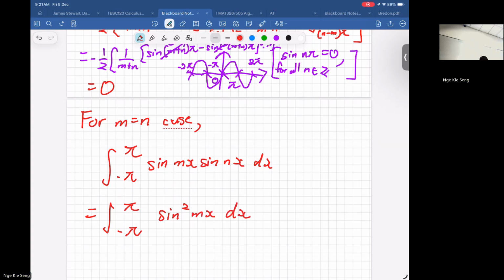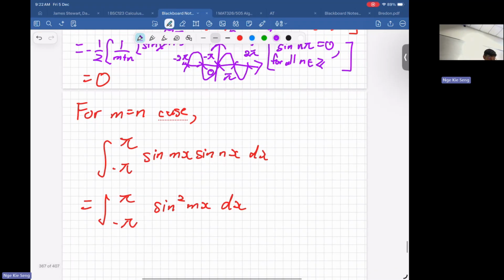So from Wednesday, how do we reduce this? How do we reduce the power of the square here? What formula can we use? What sort of trigo substitution can we use here?